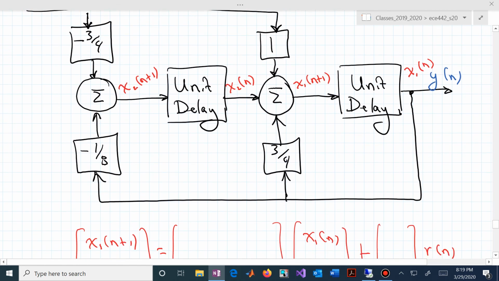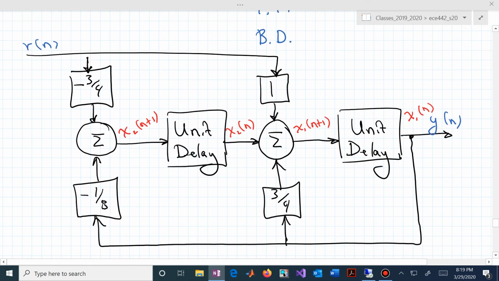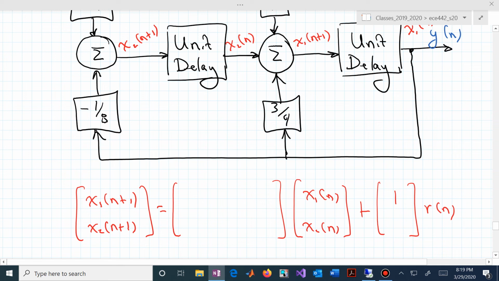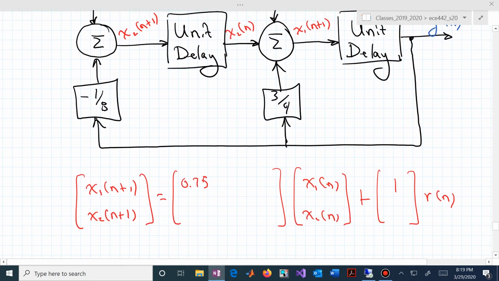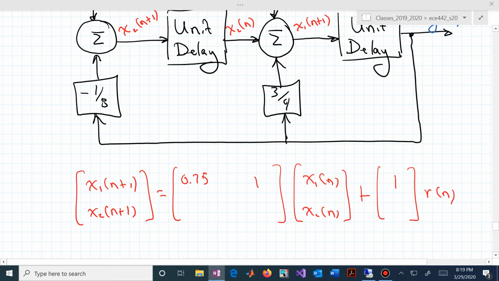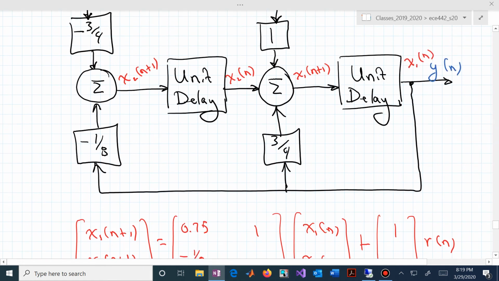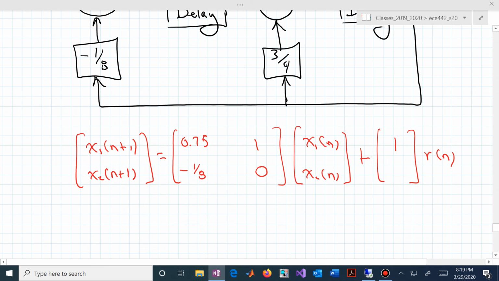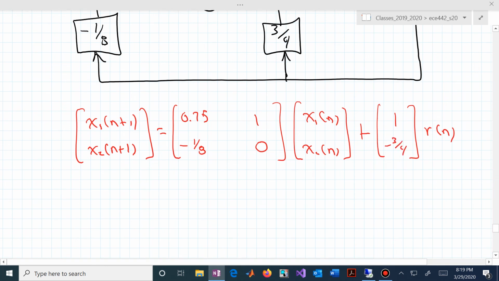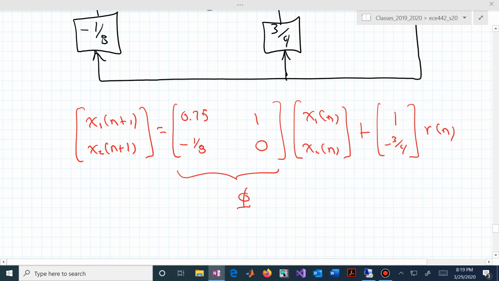x1 of n plus 1 is 1 r of n, 3/4 x1 of n, plus x2 of n. x2 of n plus 1 is now minus 1/8 x1 of n and minus 3/4 r of n. This is now our phi matrix.